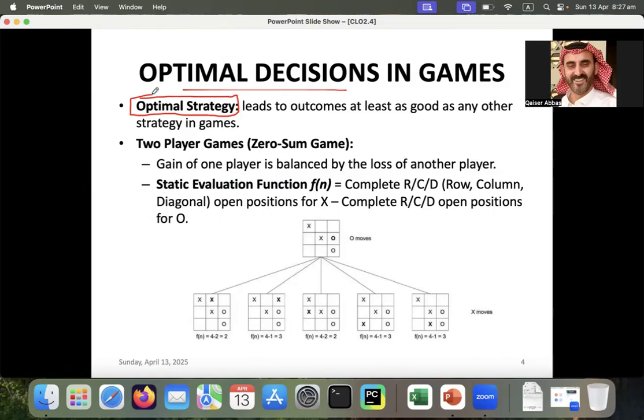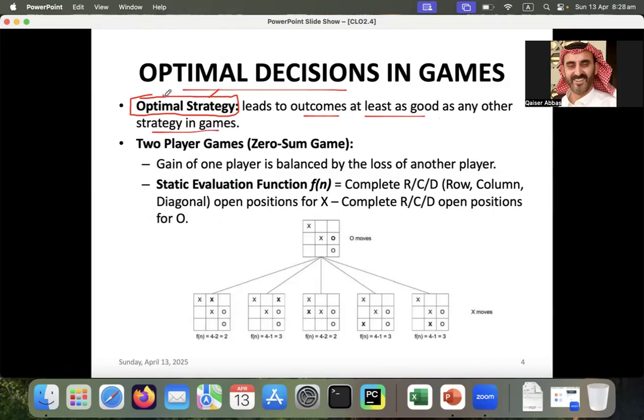You know the definition of optimal solution: the best possible solution. So what is an optimal strategy? This would be some equation or formula in the algorithm which will give us an outcome at least as good as any other strategy in games.